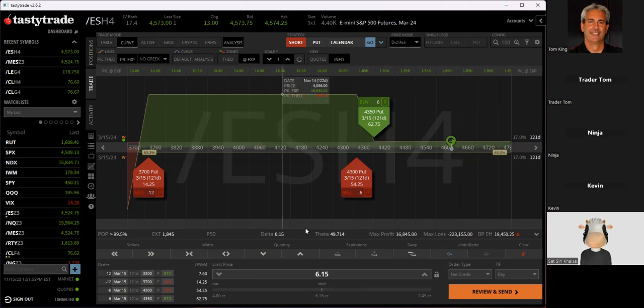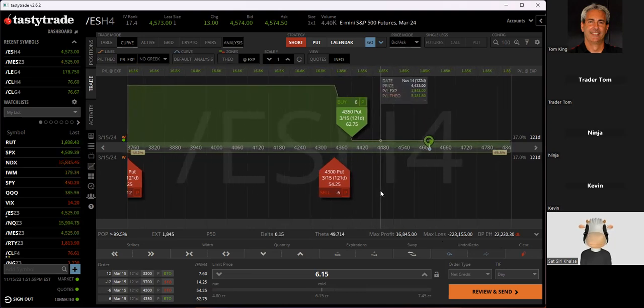Maybe I do one more contract. Yeah, I think 6 is probably it. This is pretty close. On the same buying power that I would use to do 2 contracts in my IRA, I'm now having to use 6 contracts to make 1,800 versus 2,000 and some dollars. So I am making less money.